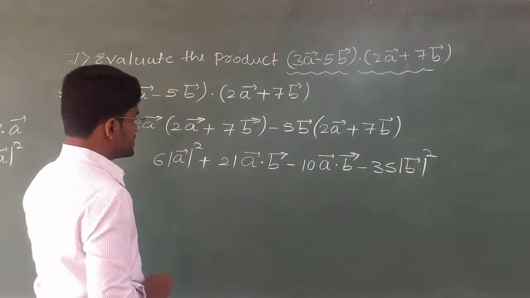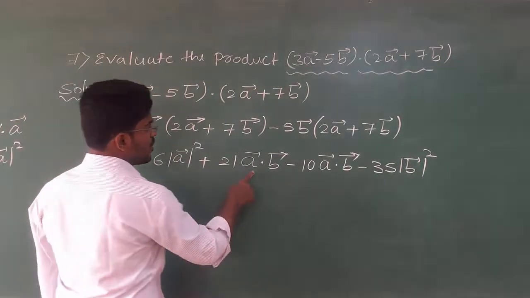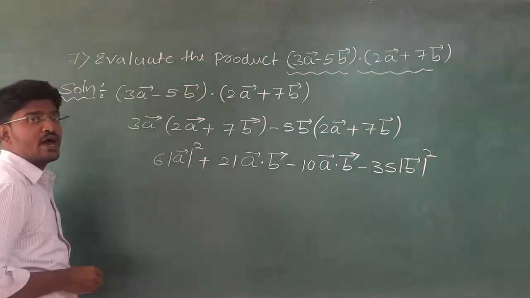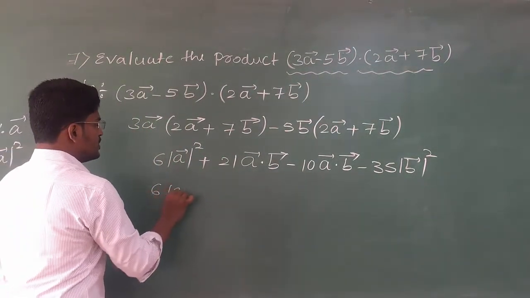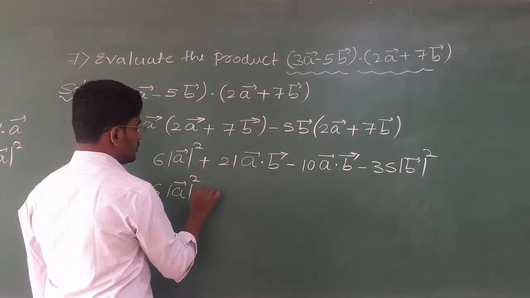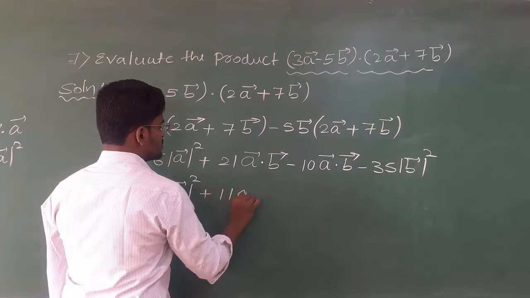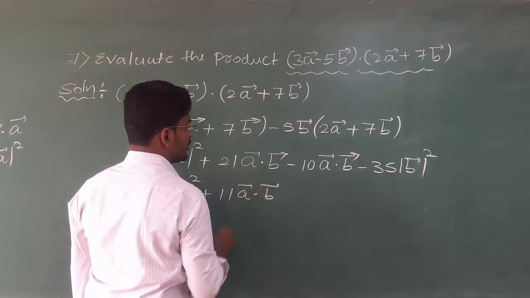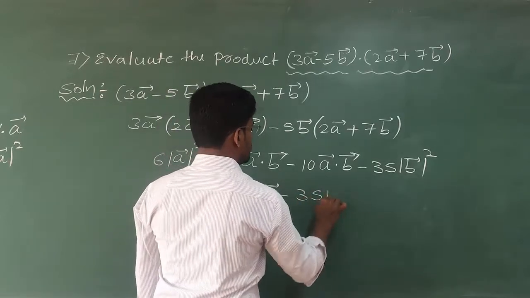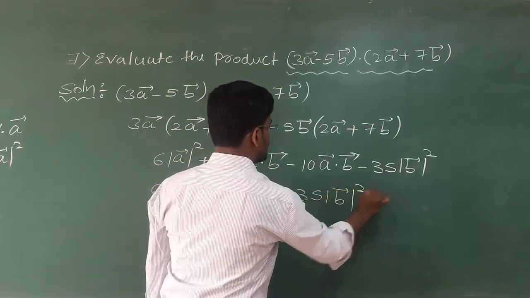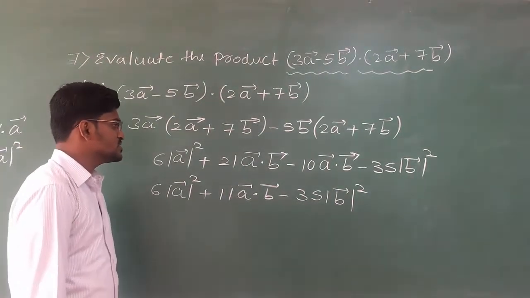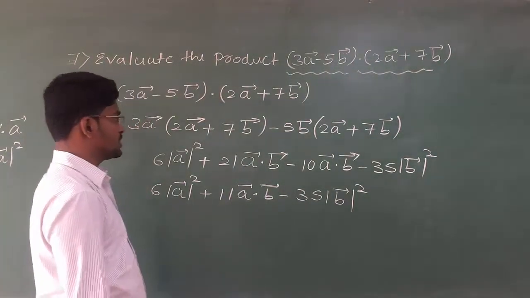Now if I simplify, A dot B: 21 minus 10, how much will you have? Simplifying, 6 times magnitude of vector A squared plus 11 times vector A dot vector B minus 35 times magnitude of vector B squared. So this much is going to be your answer.